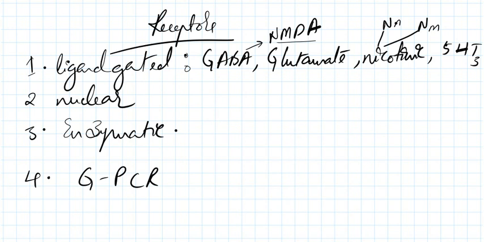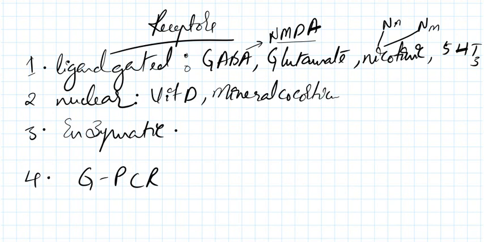Now if you come to the examples of nuclear receptors, the examples are vitamin D receptor, then mineralocorticoids, then glucocorticoids. So you can just simply remember it like the hormones released by the adrenal gland, that is mineralocorticoids, glucocorticoids, sex corticoids. Mineralocorticoids and glucocorticoids are nuclear receptors.